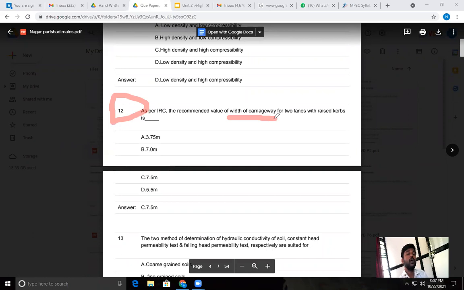We have given values for single lane road, 2 lane, 3 lane, multi-lane roads, and for 2 lane without raised kerb and 2 lane with raised kerb. Okay, we have given those values. The first value, what does it decide? Can anyone answer? The first value is for the width of the carriageway of which lane road? Single lane. Okay, this is for single lane.